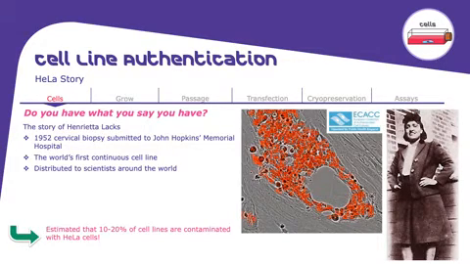Please be aware of that, as it's been estimated that approximately 10 to 20% of the cell lines are contaminated with HeLa cell line. But it's not only HeLa which is a problem, there can be other cross-contamination and misidentified cell lines.